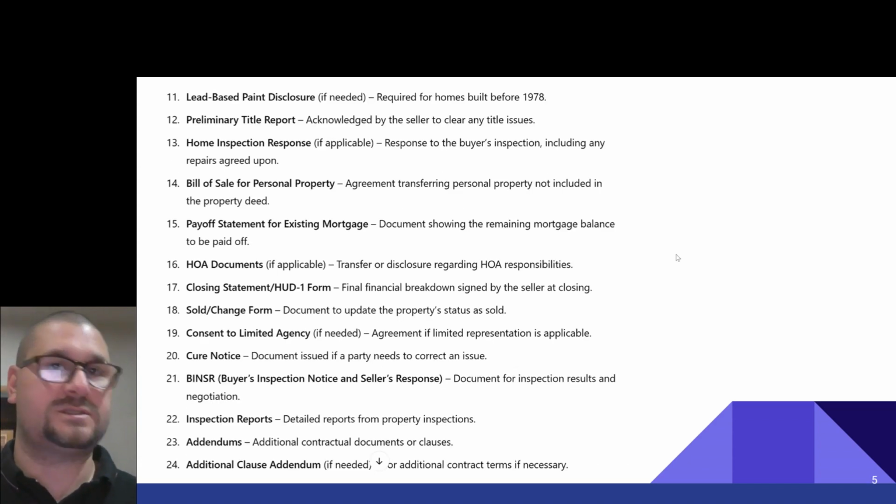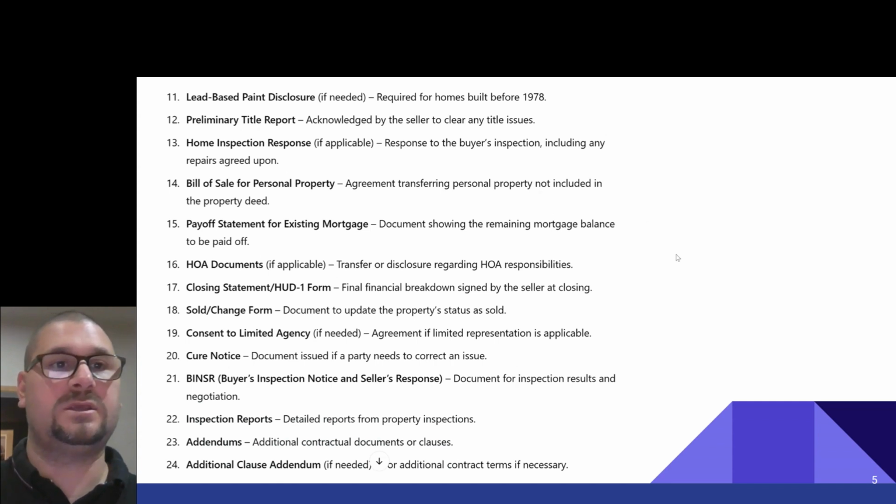Lead-based paint disclosure. This is only required if the property was built before 1978. Preliminary title report, acknowledged by the seller to clear any title issues. Home inspection response, if applicable. Response to the buyer's inspection, including any repairs agreed upon.